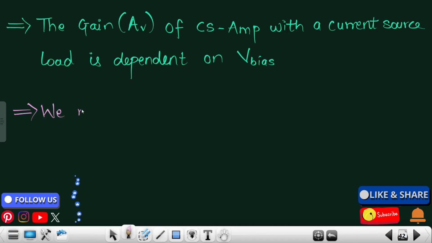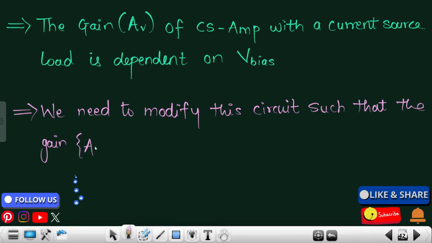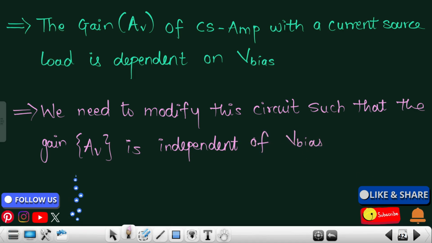So we need to modify this circuit such that the gain AV becomes independent of Vbias, right? So we need to modify that particular circuit accordingly.